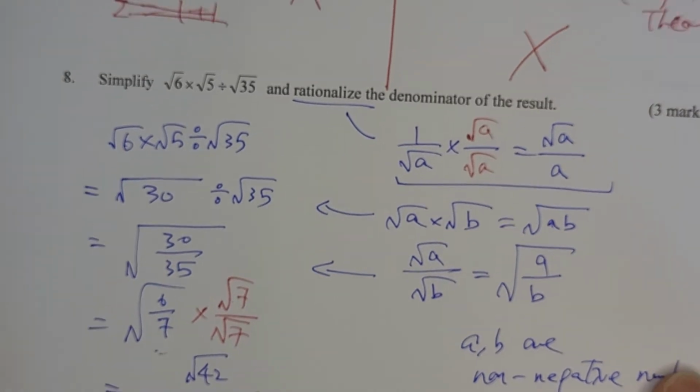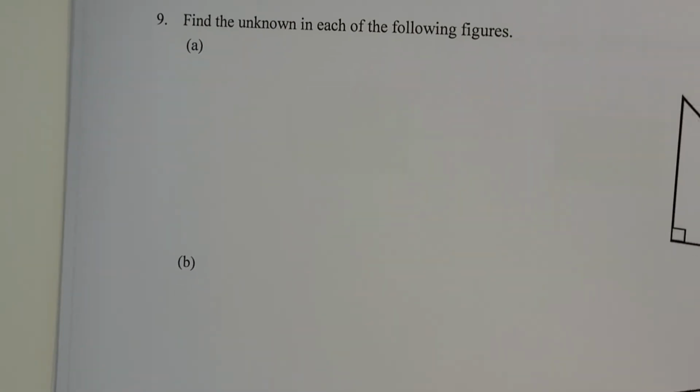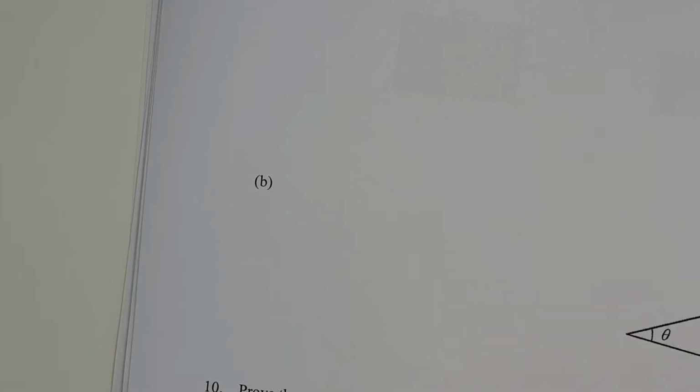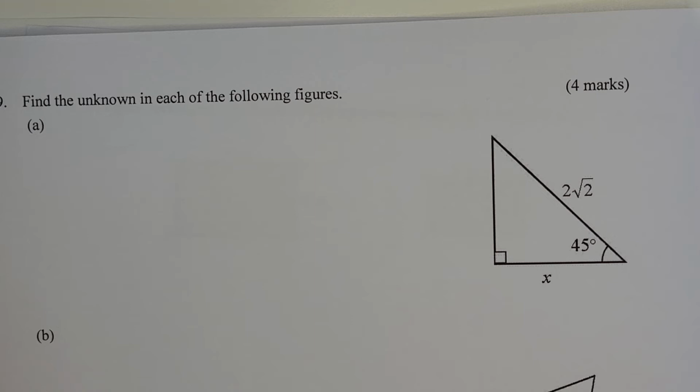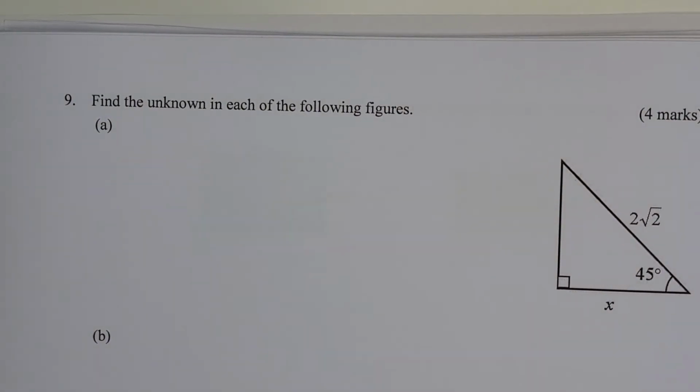And then let's go to question number 9. Find the unknown in each of the following figures. You will see that there are some angles in the right angle triangle, and if you can observe this, there's some special angles, 45 degree here, okay.